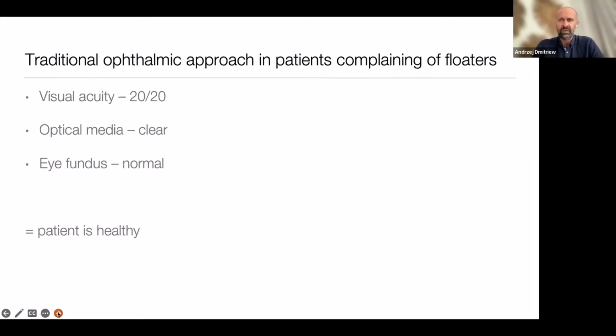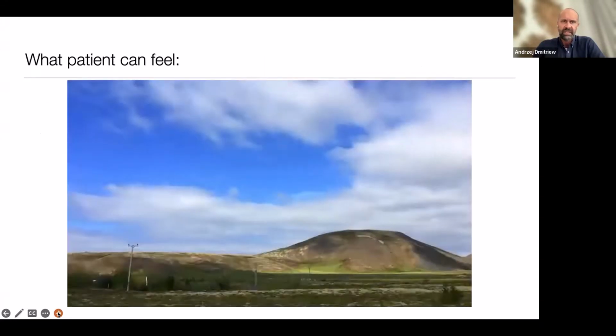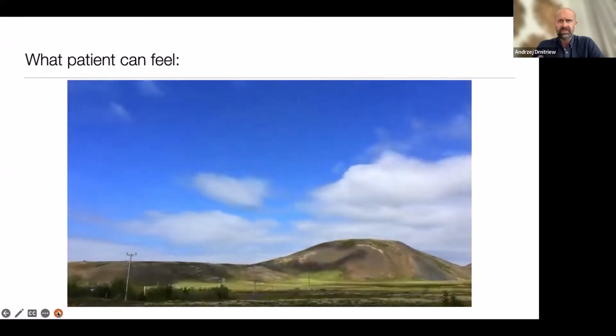What for many of us means that the patient is healthy, but this patient is not happy with the quality of vision, and I guess that's the most important issue: to find a way of properly documenting the symptoms of patients.